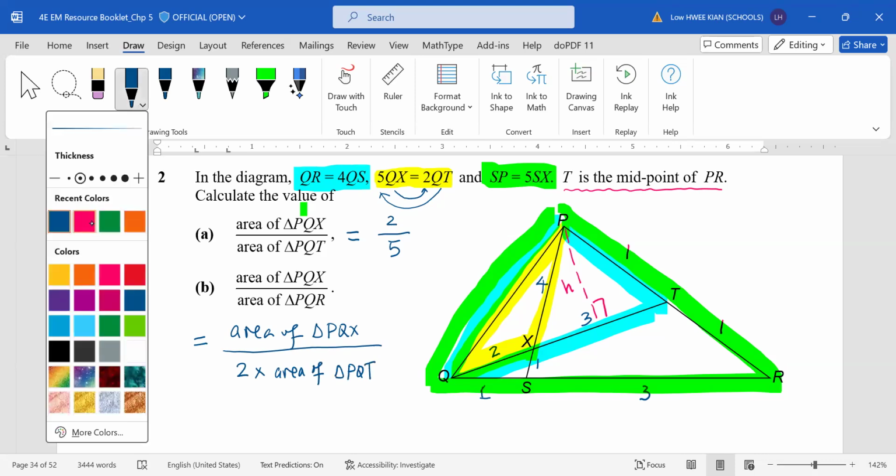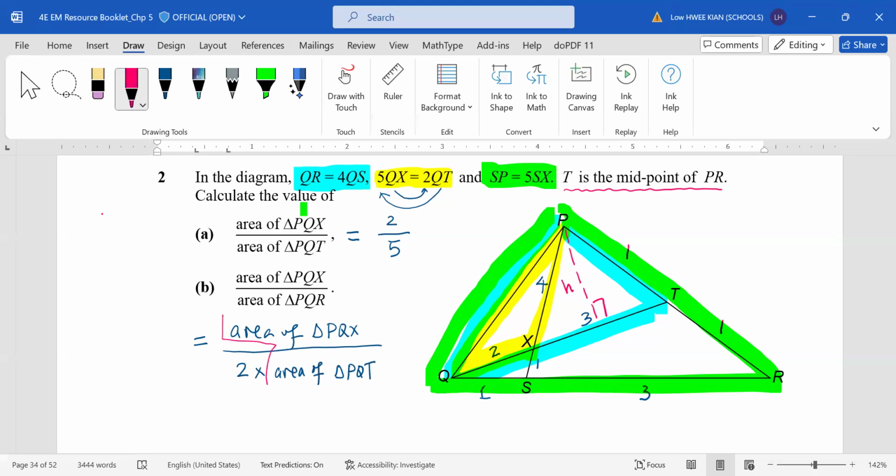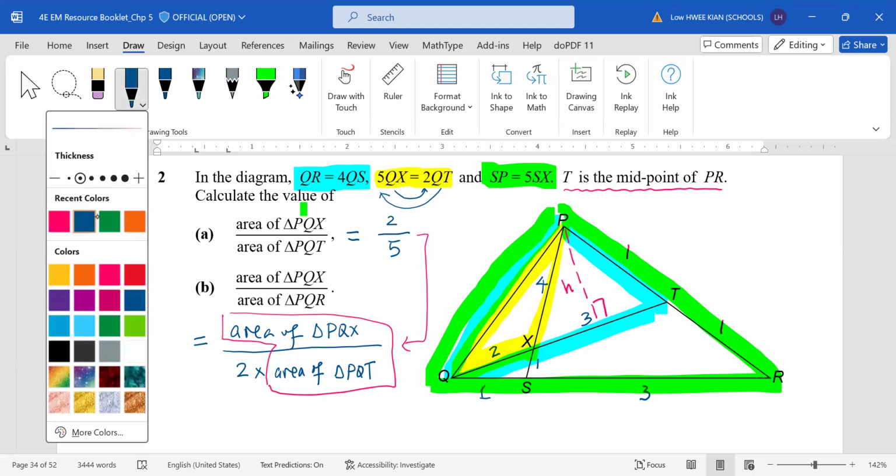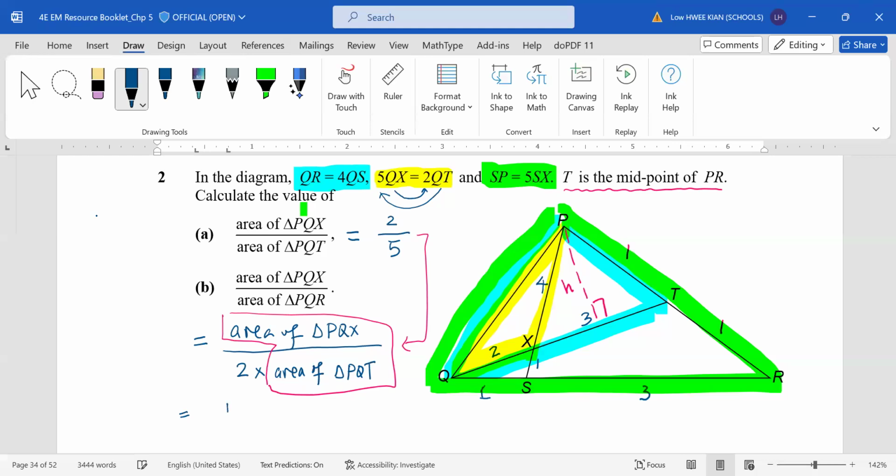When you take a look at this, you will notice that this is actually the result from part A, the area of triangle PQX and triangle PQT. So when I combine these together, I will have a half multiplied by the ratio from part A. Combining these two and simplifying, I will get the final ratio for the area of triangle PQX and triangle PQR.